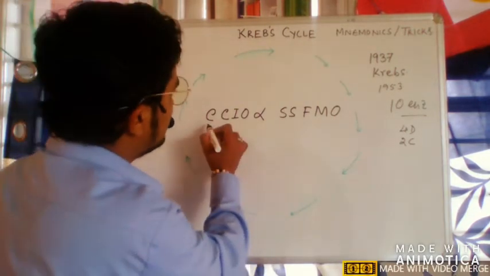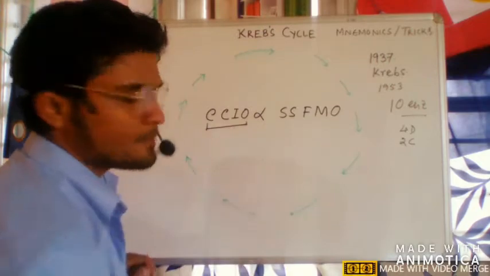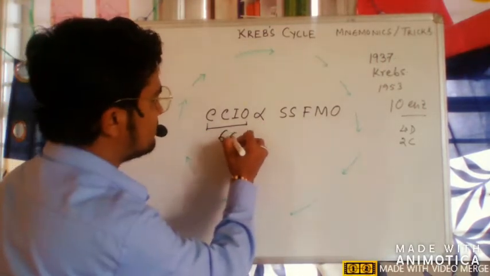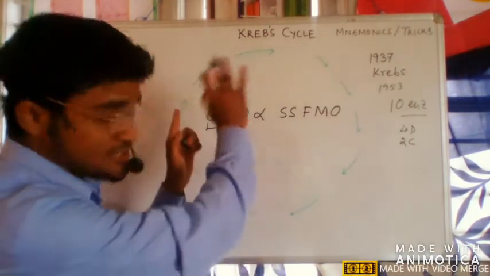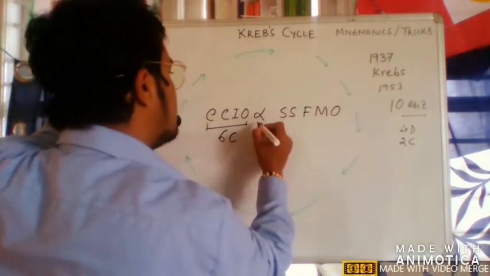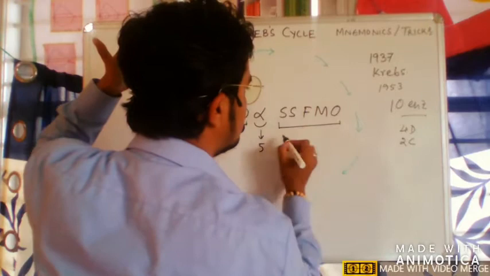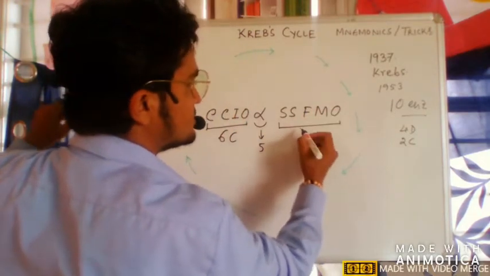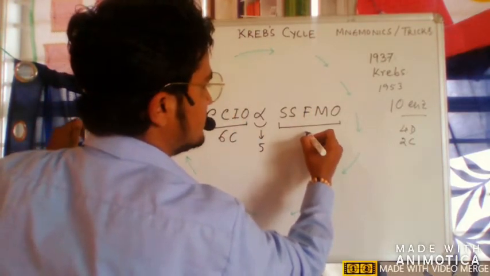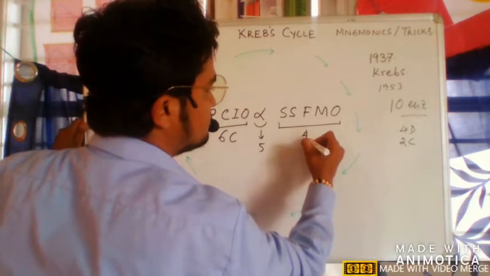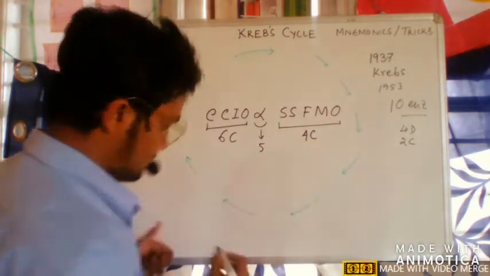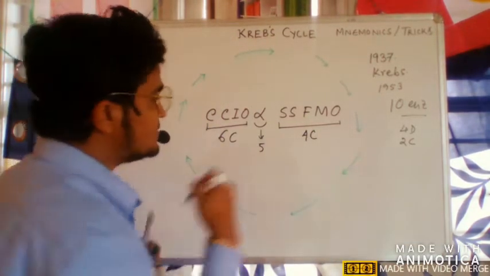Now the first 4 are 6 carbon compounds. How it is coming, we will discuss. And this one is a 5 carbon compound, and the rest, from succinyl-CoA to oxaloacetic acid or oxaloacetate, are 5 minus 1, 4 carbon compounds. What does it imply?